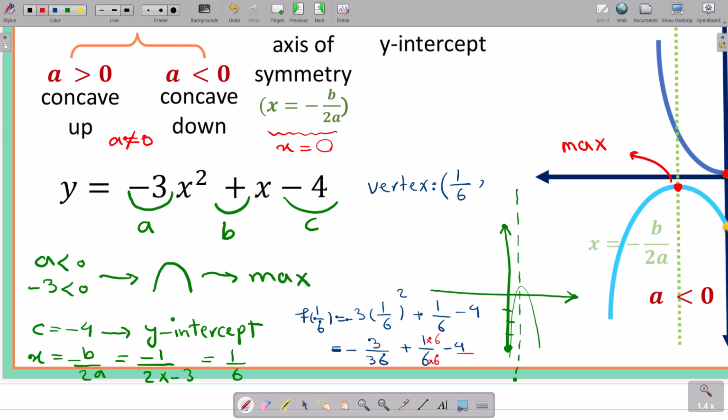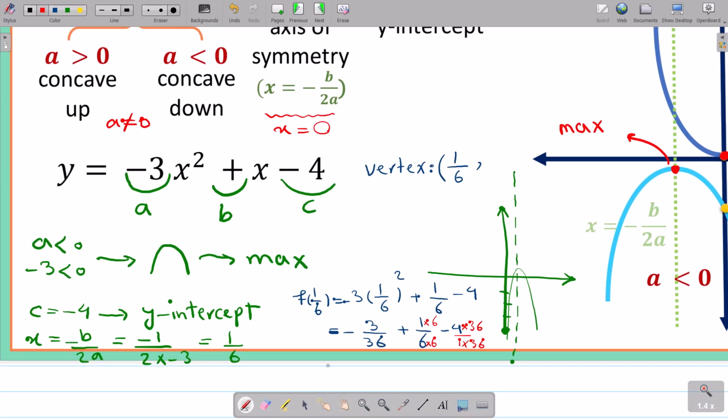We'll get -3/36 + 6/36 - 4; let's multiply 4 by 36.